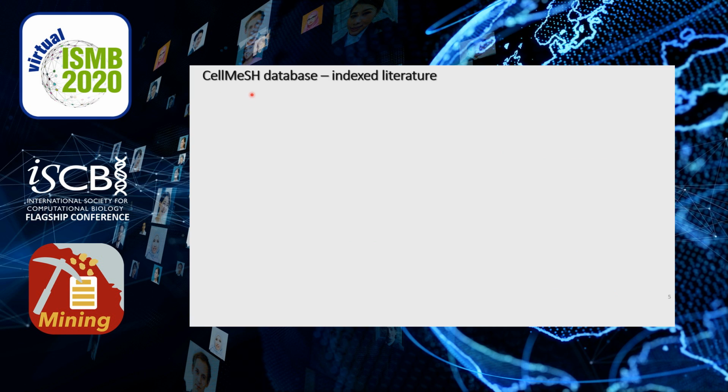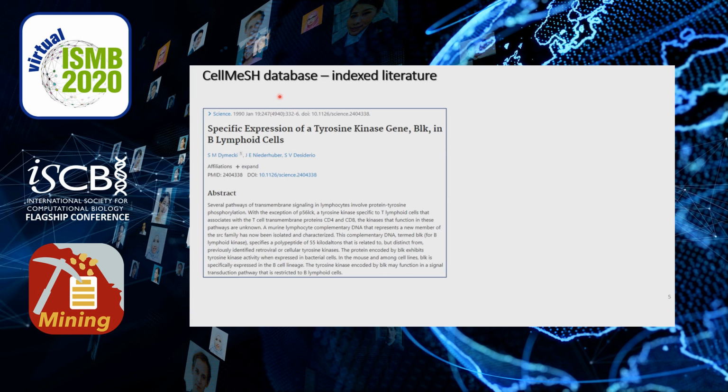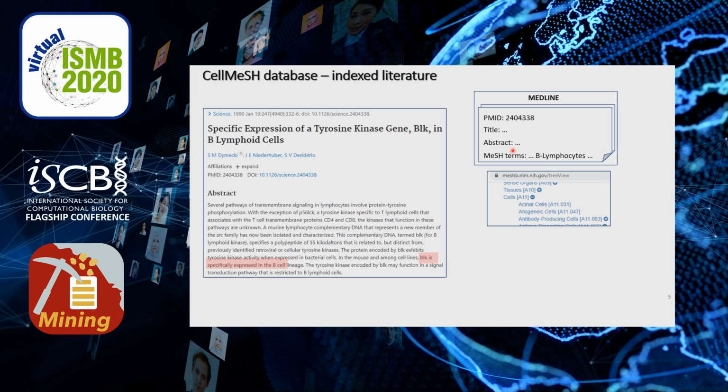We want to build a database that is rich in cell type and marker gene information. Ideally, we want to collect this information from raw PubMed articles. But we noticed there is Medline database, which contains references for almost all PubMed articles, and each reference indexes MeSH terms for the article.